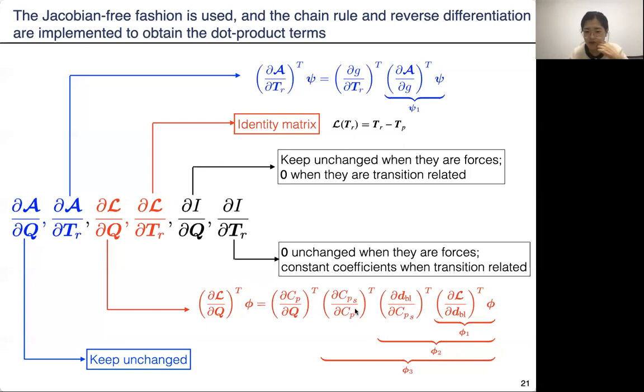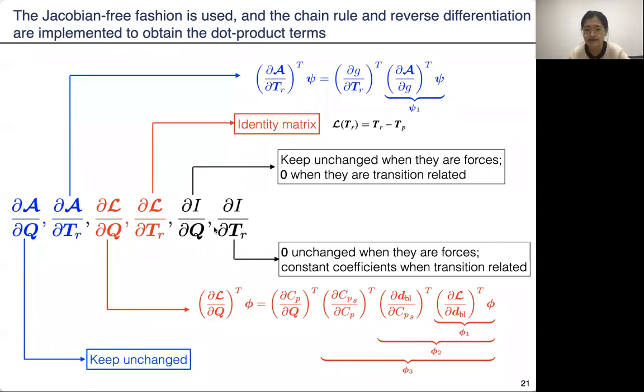Then we go to the CP with respect to the surface CP, and finally in the RANS solver it is the CP to the RANS state variable. And for the first term, it is easy because it is an identity matrix.